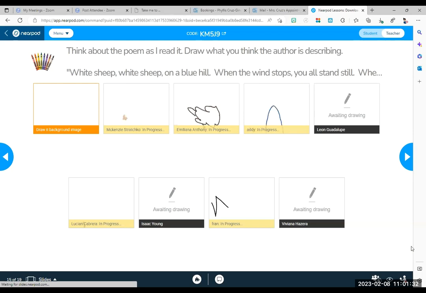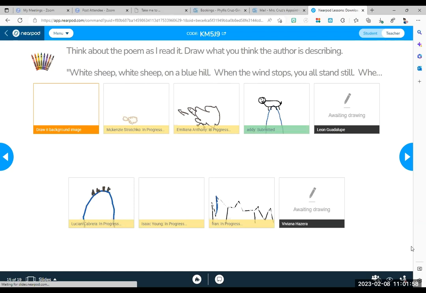Oh my goodness. Emmy, what is that? Tell me what you're drawing. I'm drawing a sheep, but it's just crazy. It looks like a turtle, but a turtle has hair. Wow. That's okay. Oh, Addie, what are you drawing? I'm not good at making sheep, but it's supposed to be a sheep.